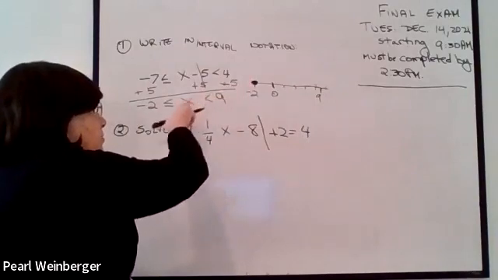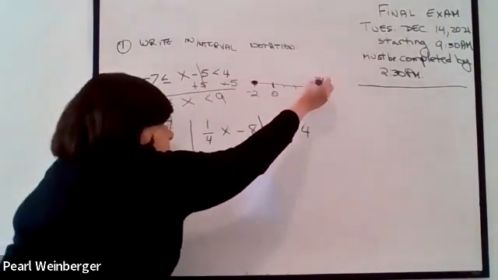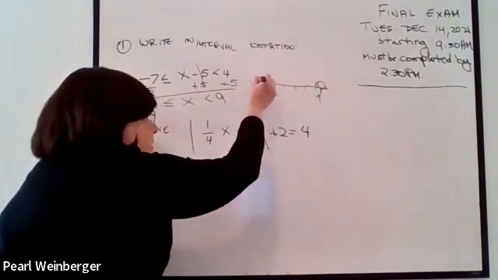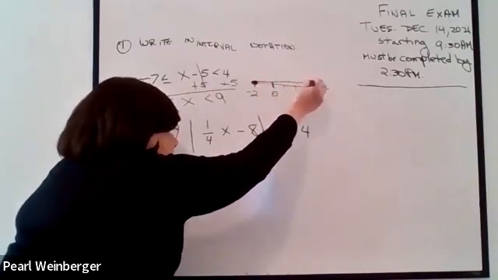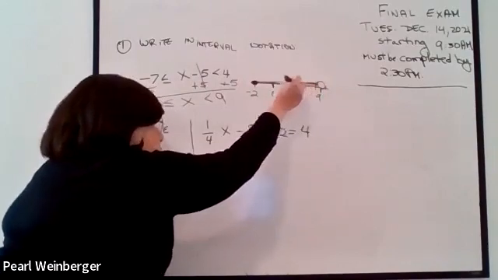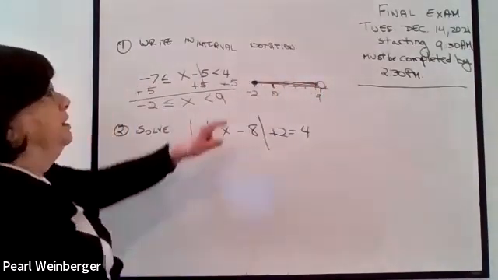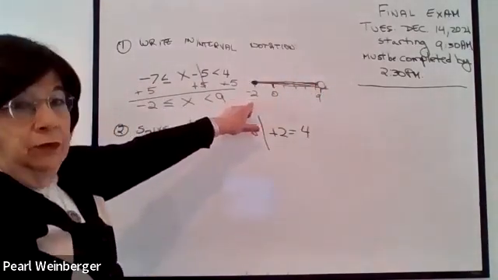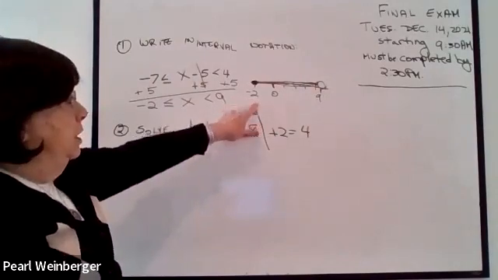At the 9, it just says x is less than 9. That means an open circle at 9. And we join these. This is my solution graphed on the number line.